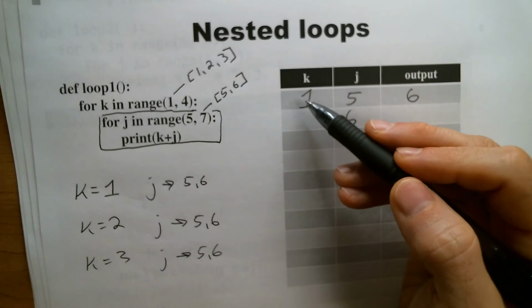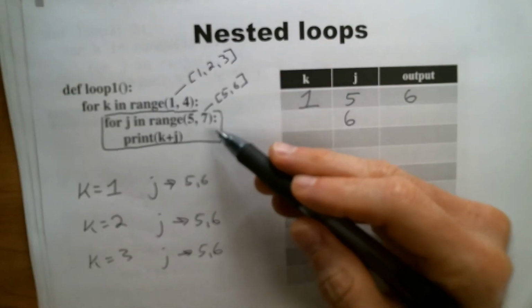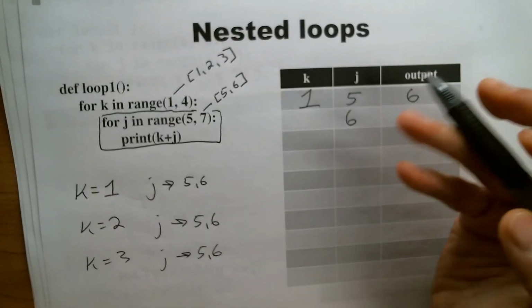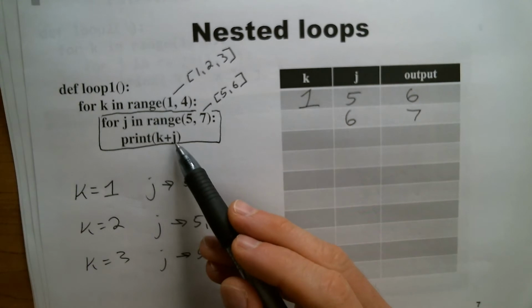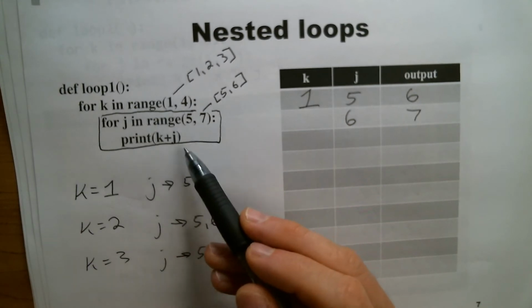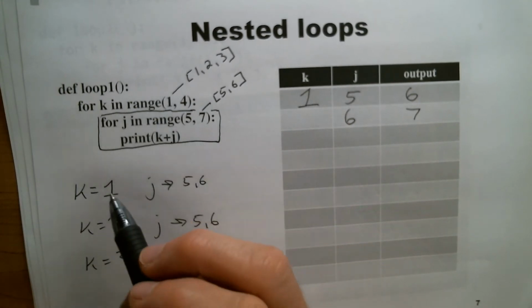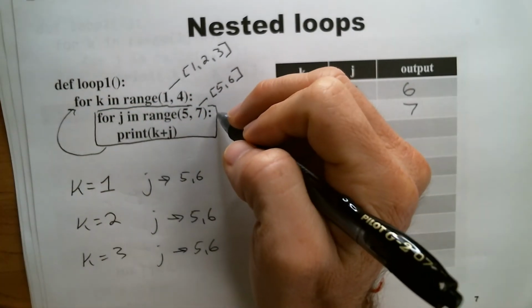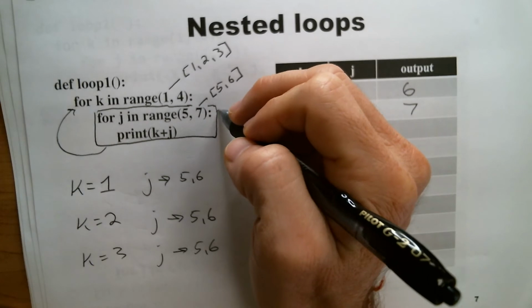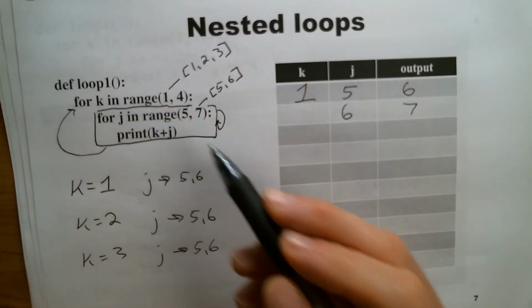But K stays the same because we're still stuck inside of this loop. So we're going to be doing 6 plus 1, and we're getting 7. Once J gets to 6, this loop is over, and we get to go back up to this loop. So this one runs, and then when it's over, we go back up here.